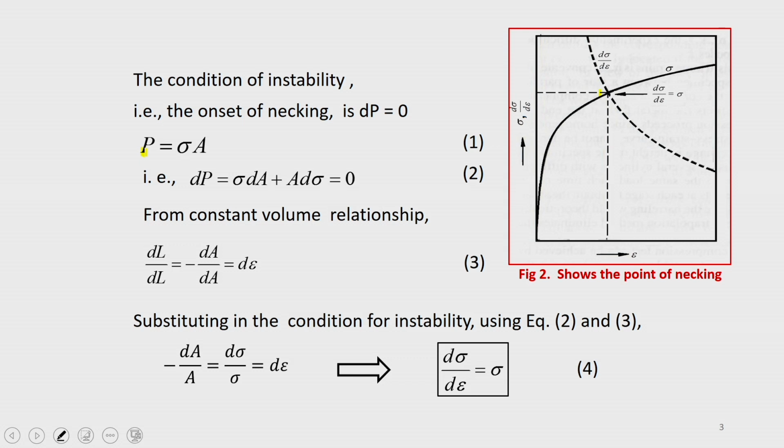So, it will give you this relationship: dL by L is equal to minus dA by A is equal to d epsilon, and from this we can get the relationship we derived last day, d sigma by d epsilon is equal to sigma, that is the condition for the maximum load.